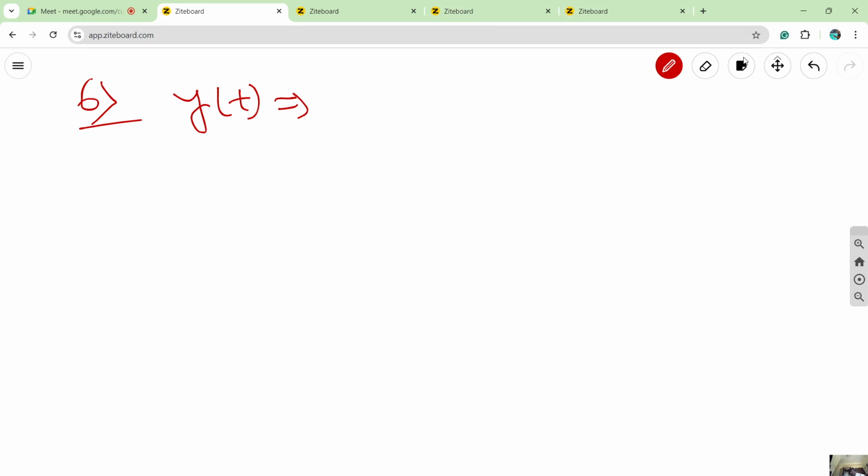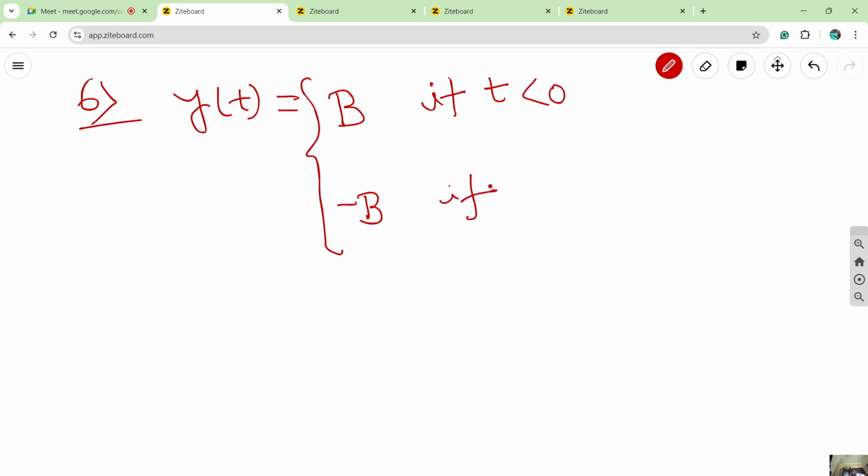So yt is given by this equation. Yt takes two values, it can take b or minus b. It takes b if t is less than or equal to 0 and minus b if t is greater than 0.